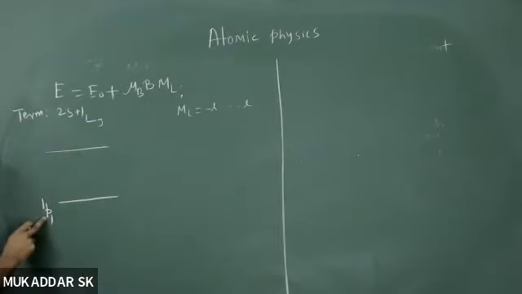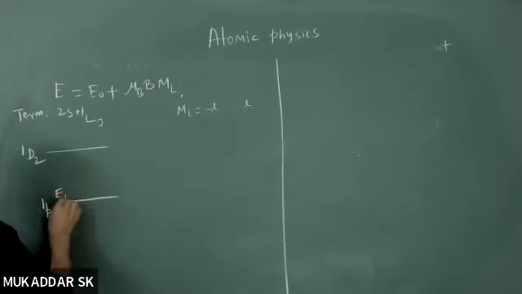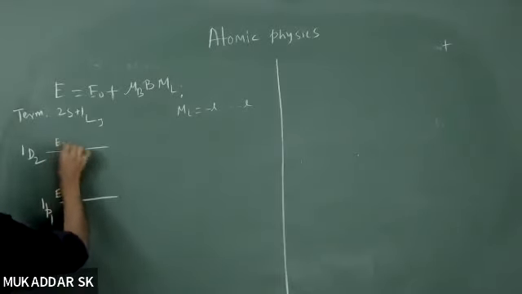L is how much here? 1, sir. P, and here J is 1. And let us assume this is your 1D2 state. Also let us define this energy as E1 and this energy as E2. That separation, E2 minus E1, let us assume is h nu naught.